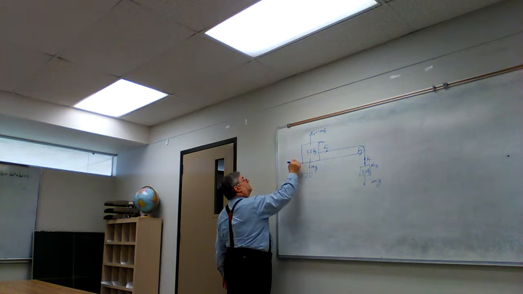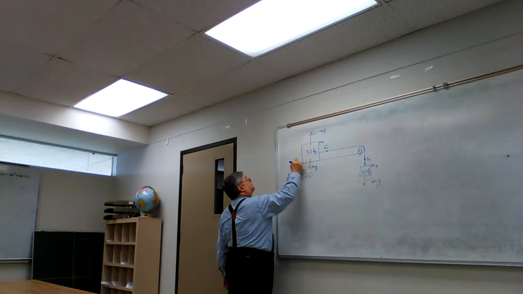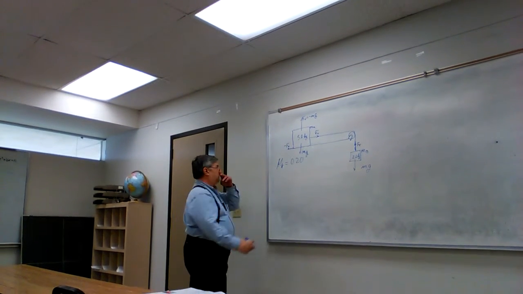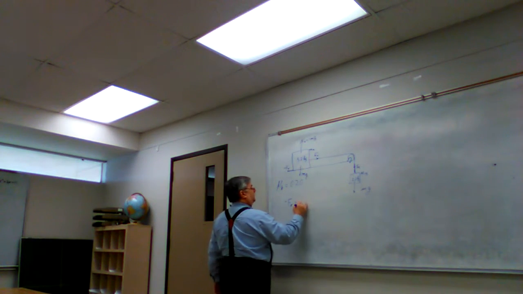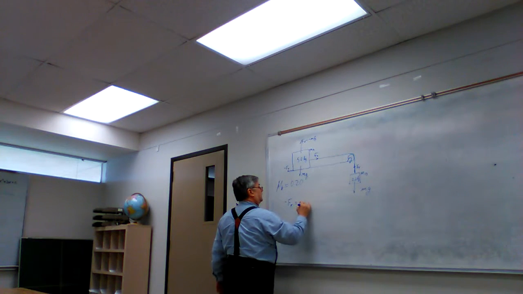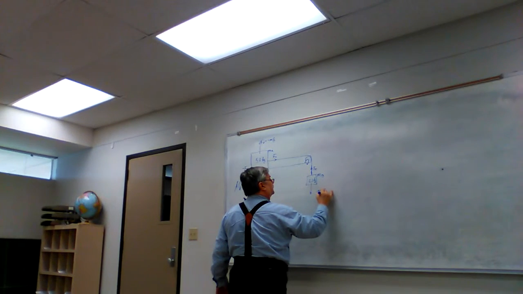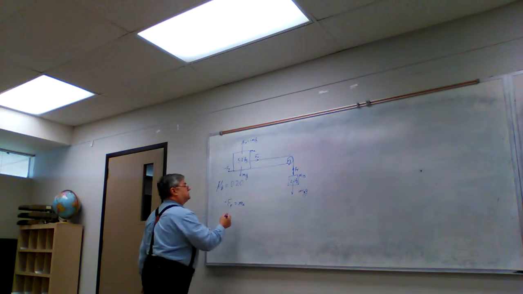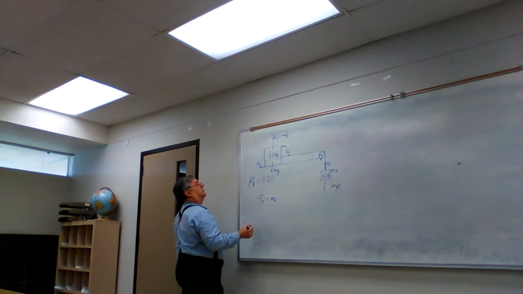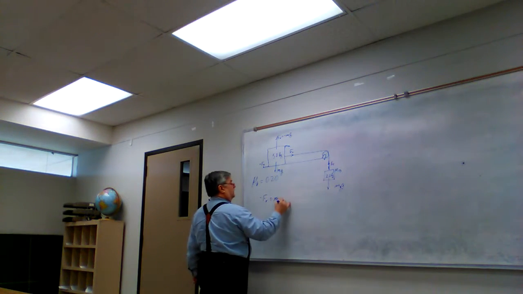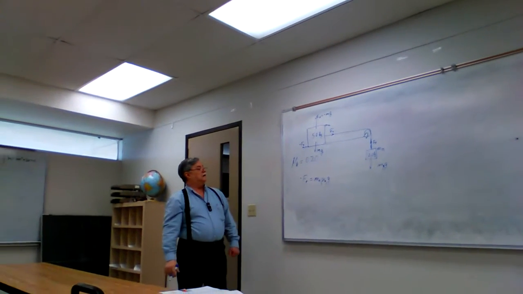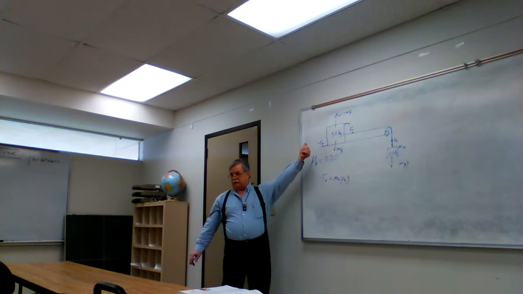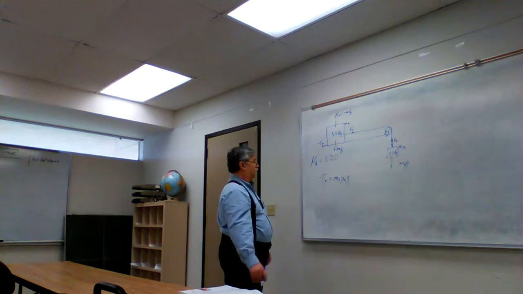And here we have minus the force due to friction. Yeah, I should have made that clear. That's mass B times gravity. We have mass A times gravity times mu sub k. And that's the force due to friction acting on this second box, on mass A.